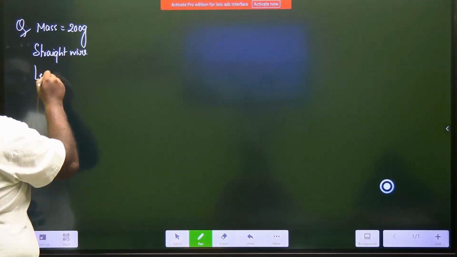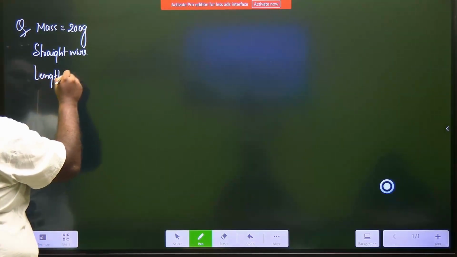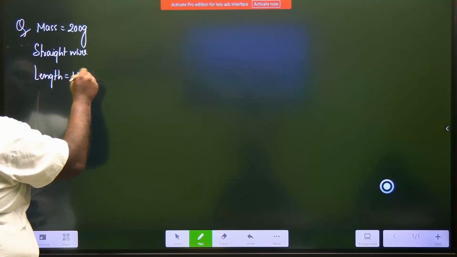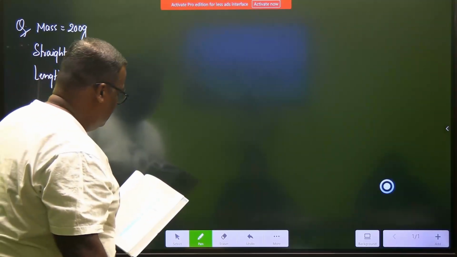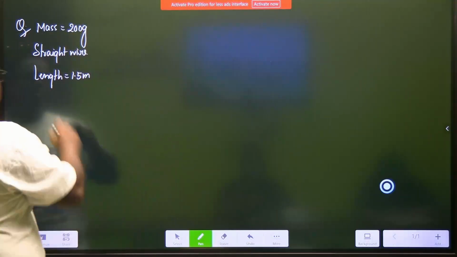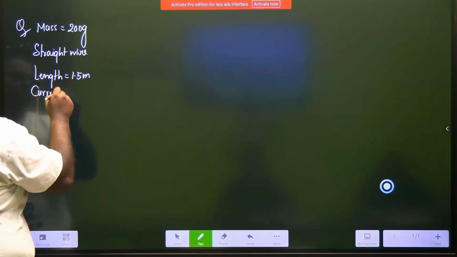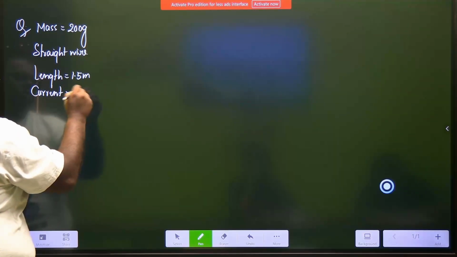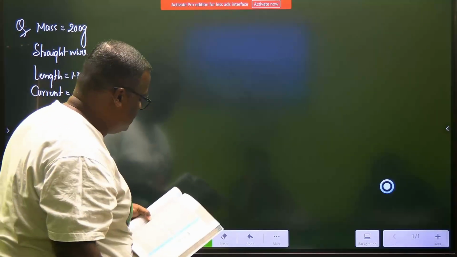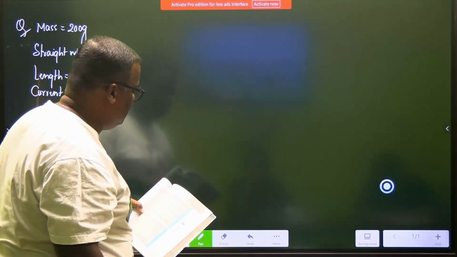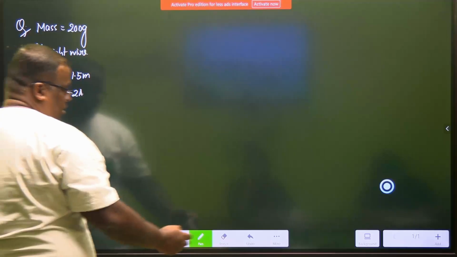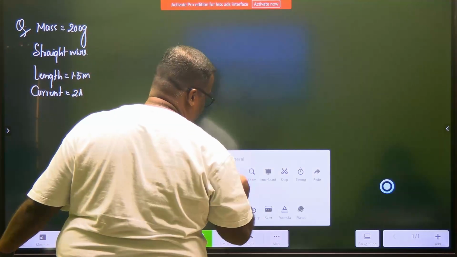So the length is equal to 1.5 meters. It carries a current of 2 amperes. And further it says it is suspended in midair. So this particular wire is suspended in midair.